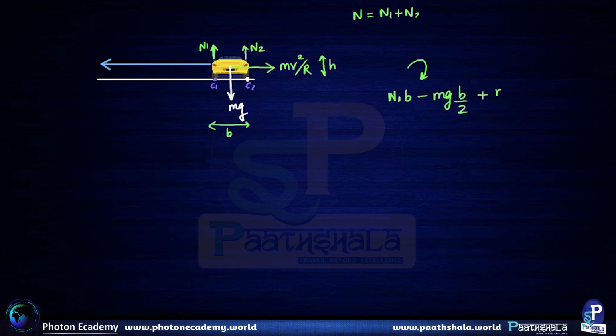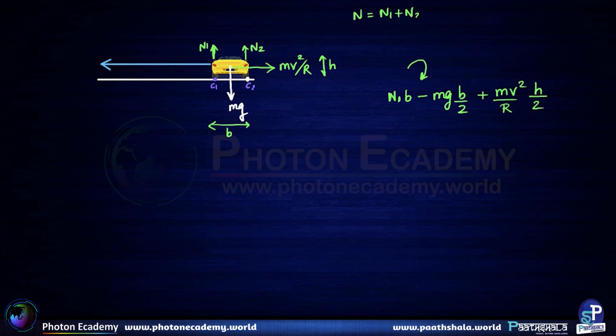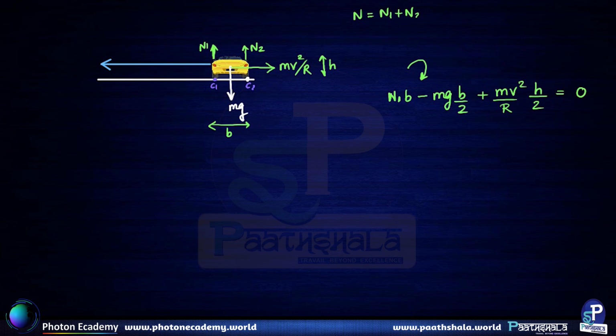plus mv square upon r into h by 2. So this is the net effective clockwise torque. This net effective clockwise torque will be balanced out because we are assuming that the car is not overturning, so this is going to be equal to 0.